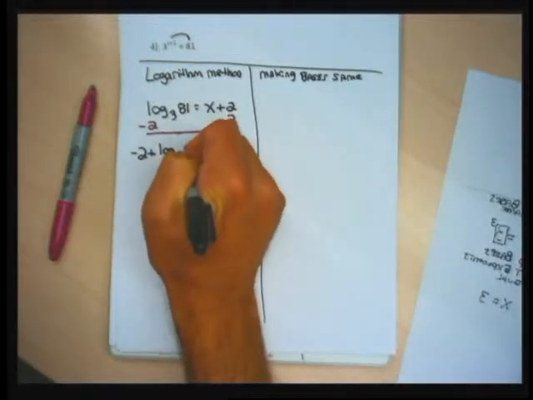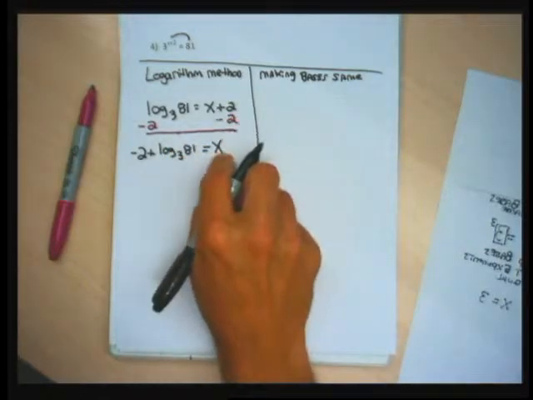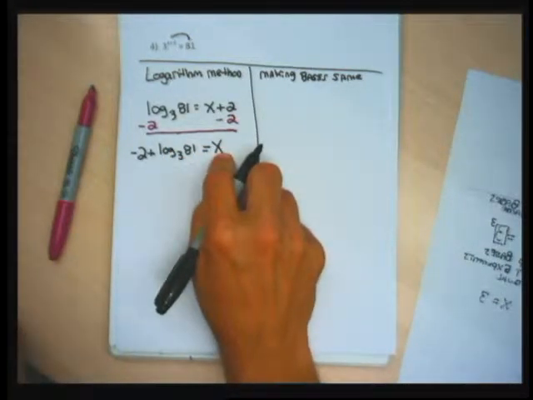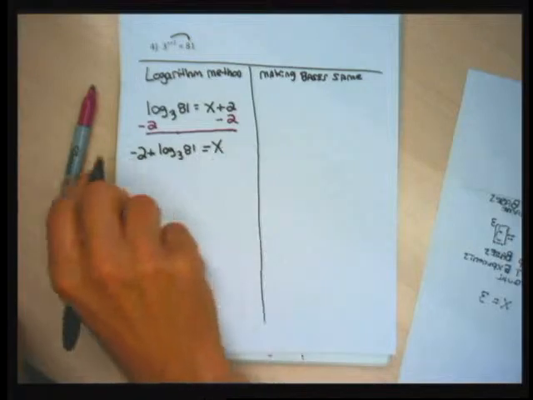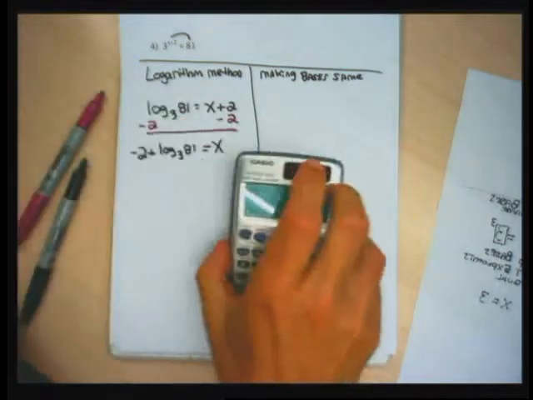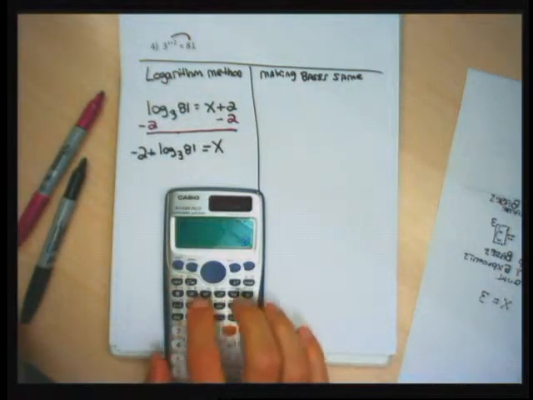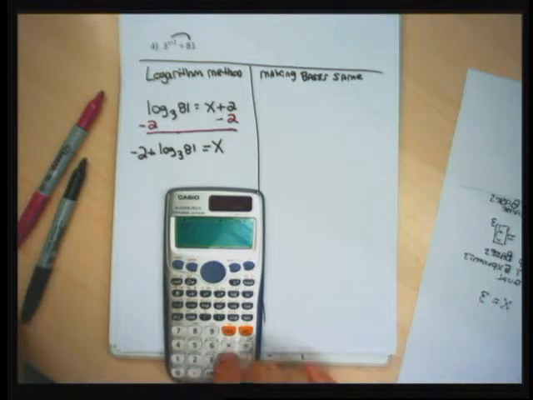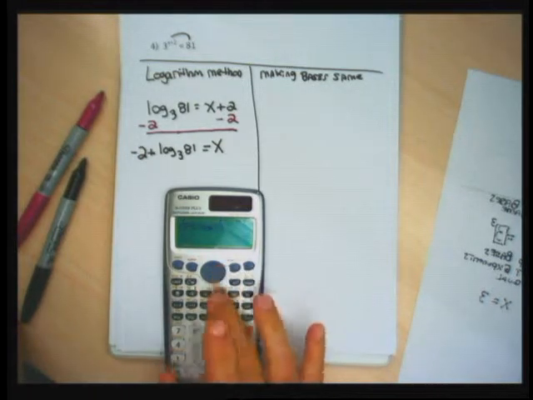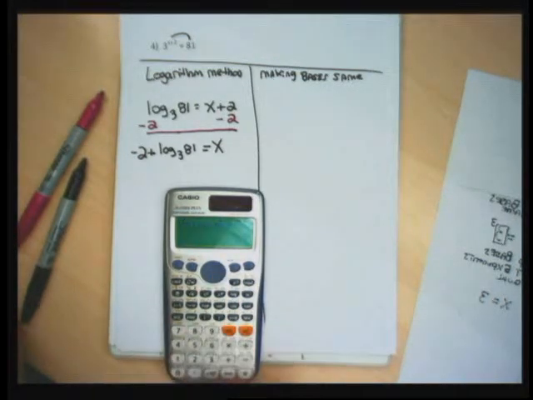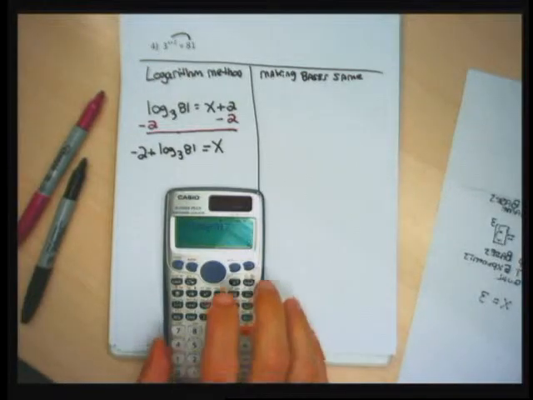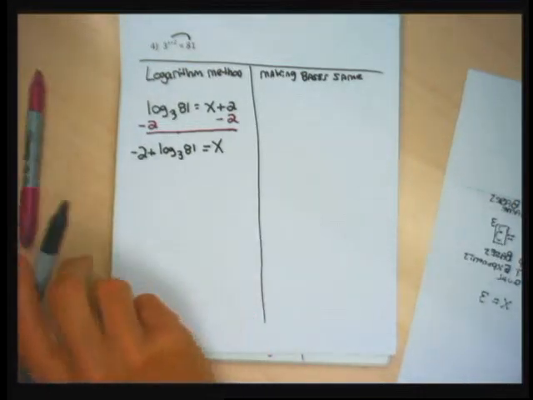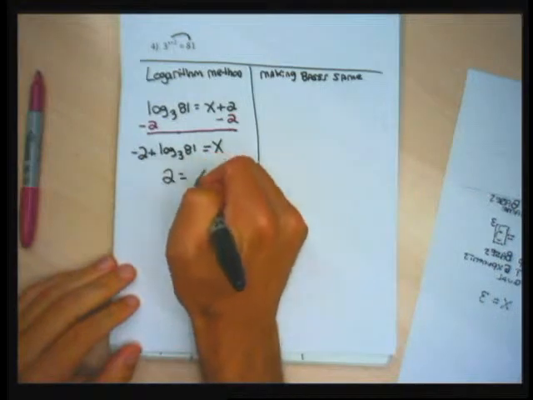And if you don't, when you're using the logarithmic approach, solve for x before you use your calculator, then it'll just be messier. So I'm just going to break out my calculator and do -2 plus the log base 3 of 81. Calculator tells me the answer is 2. So my calculator says x equals 2.